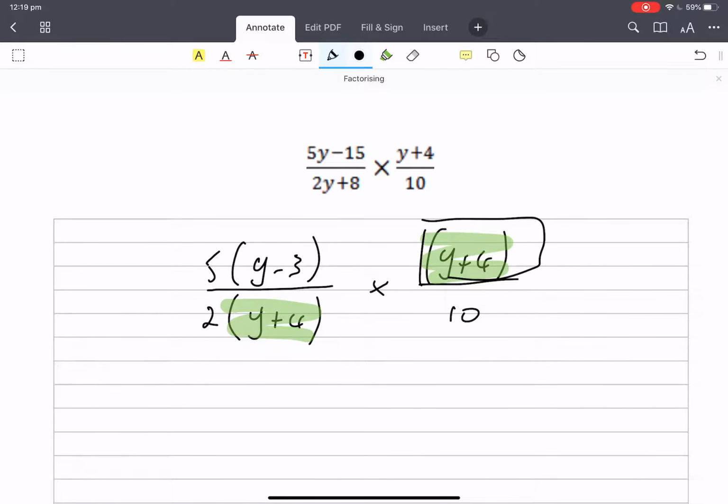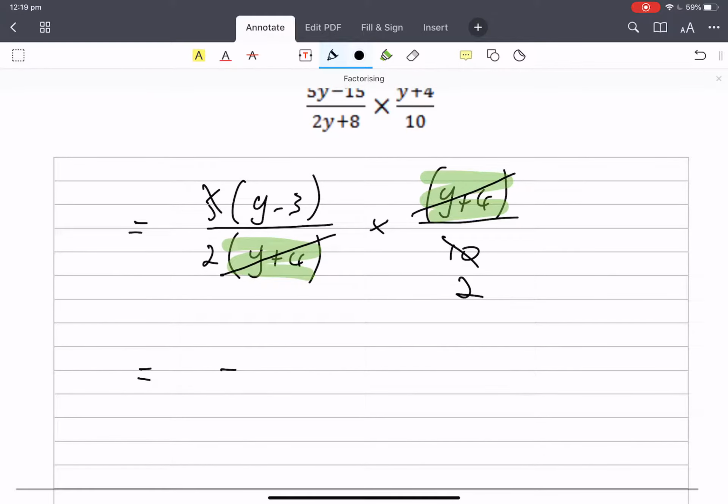So because they're exactly the same term, I can cancel entire brackets. The other thing I can do is I'm looking at these numbers and going, hey, that's just fractions core skills. I can cancel this 5 and that 10 to be 2.